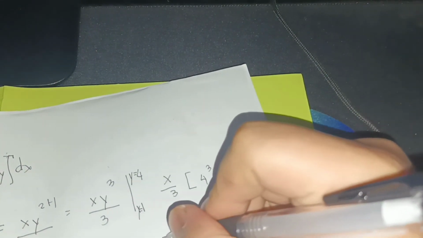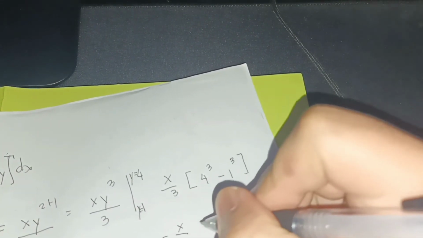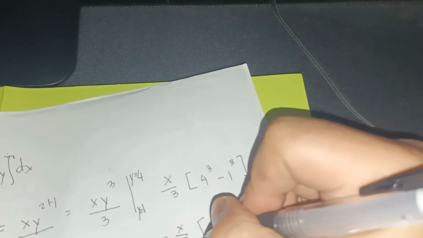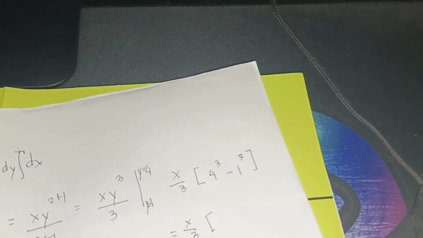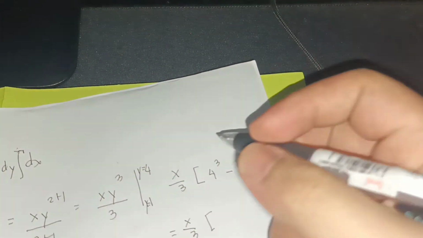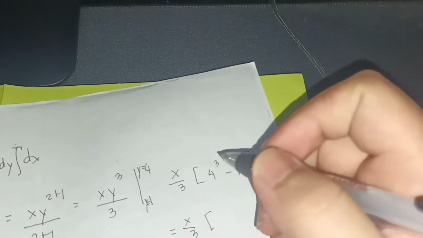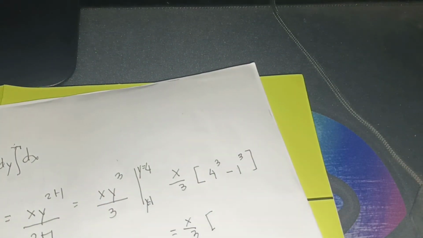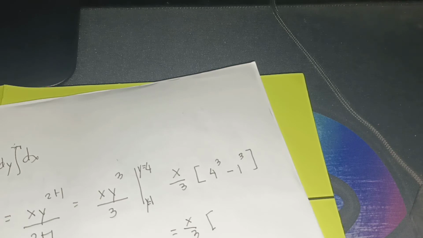Let's solve that using the power formula. 4 times 4 is 16, times 4 is 64, and then times 4 again.